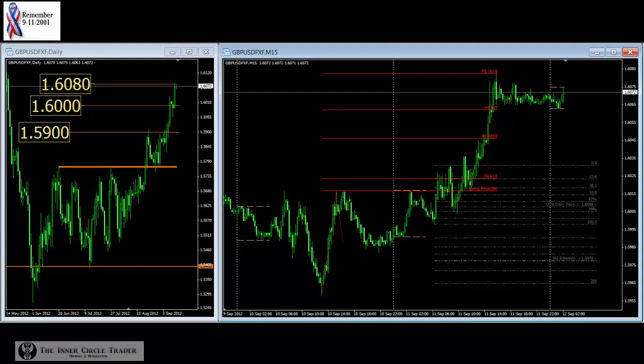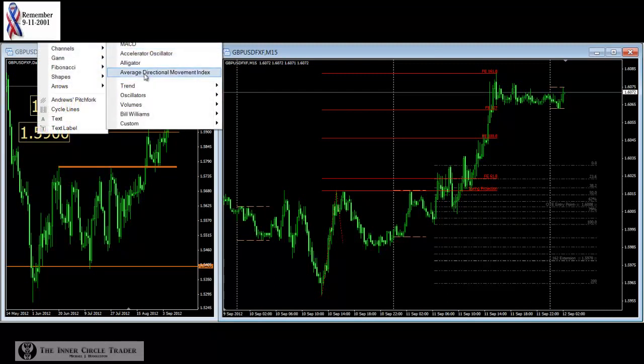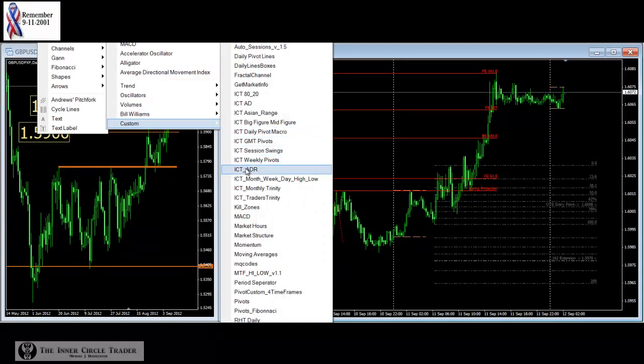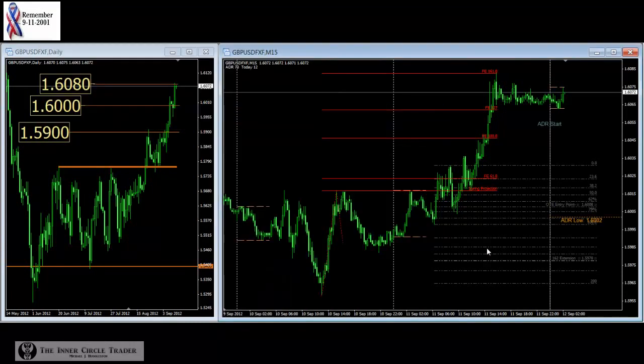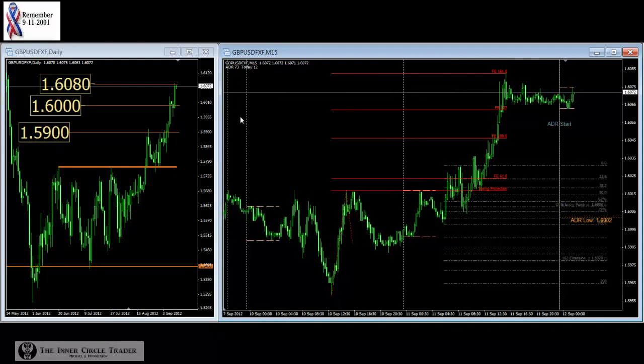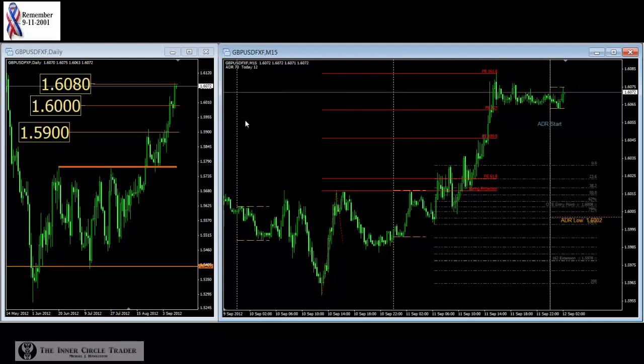Looking at average daily range, we have an average daily range of 73 pips, and today we had about 92 pips, so we're just a little bit above the average that we're looking for in today's trading.